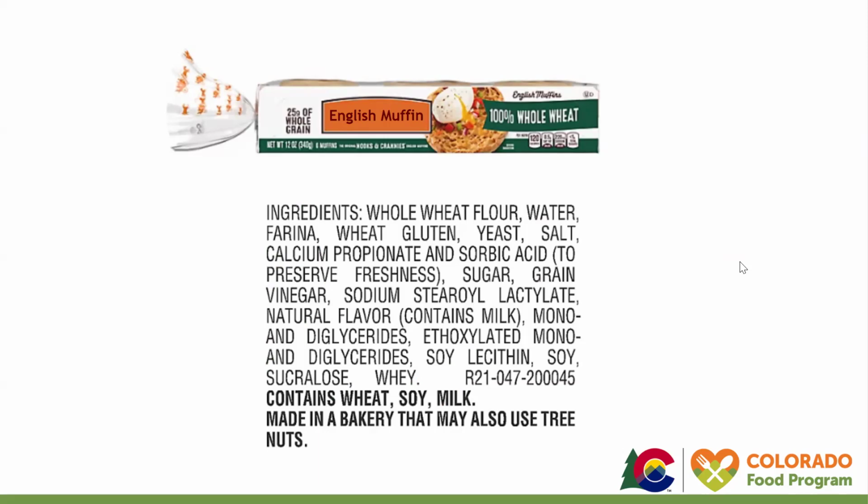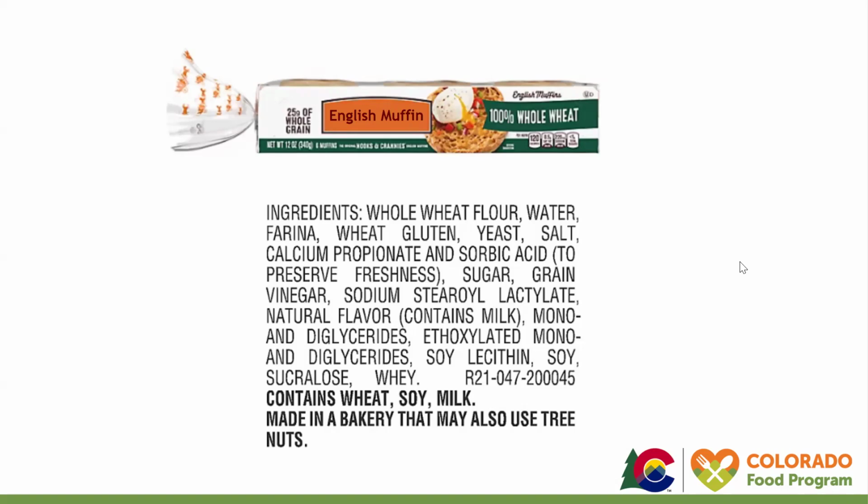It is not considered a sliced bread, bun, roll, or pasta. So you would have to follow the rule of three. This would not meet the standard of identity. So you would need to follow the rule of three and look at the ingredients to determine if this is whole grain.